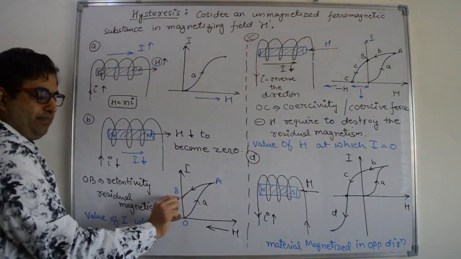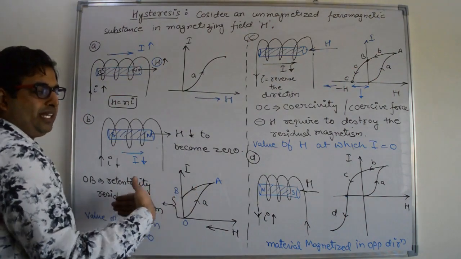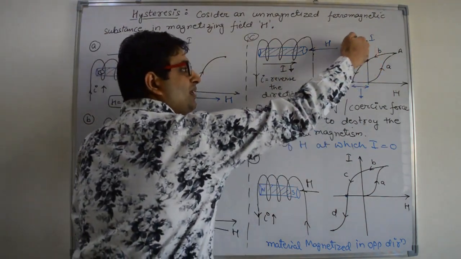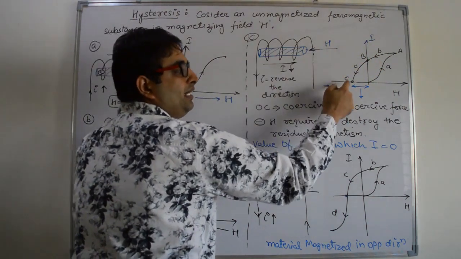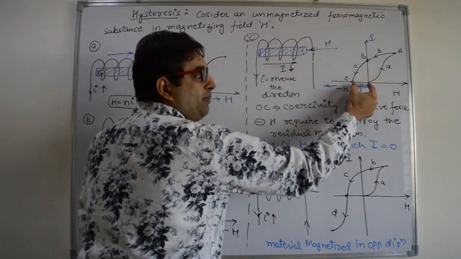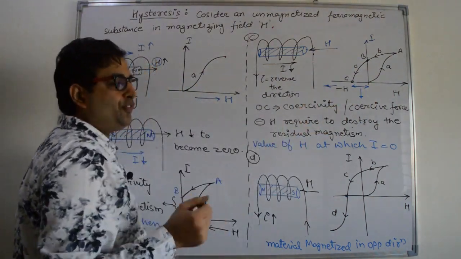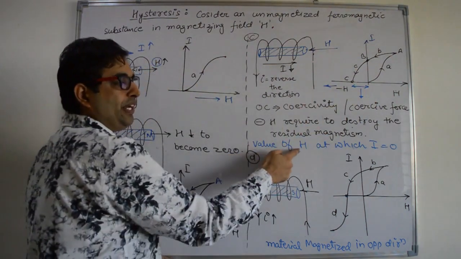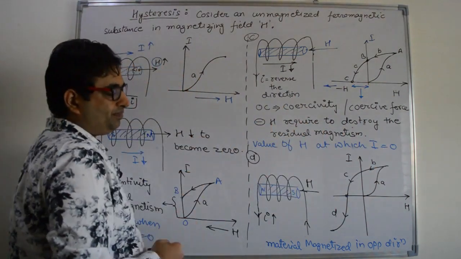Initially we have some magnetism here. As we change the direction of the magnetic field, this magnetism will start decreasing, and finally it becomes equal to zero. The value of H at which I is zero, that is coercivity.